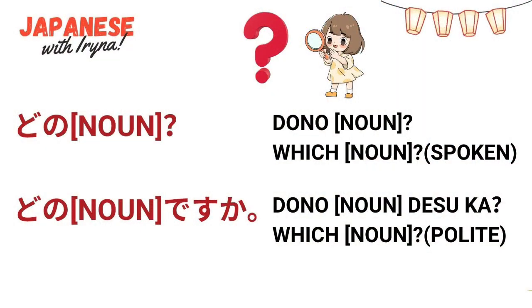Dono, noun. Which, noun, spoken. Dono, noun, ですか? Which, noun, polite. And also the same as we used nouns after kono, sono, ano, we cannot forget about nouns after even the question word.